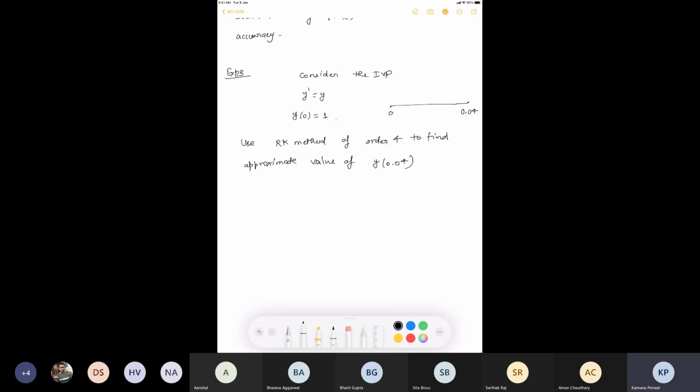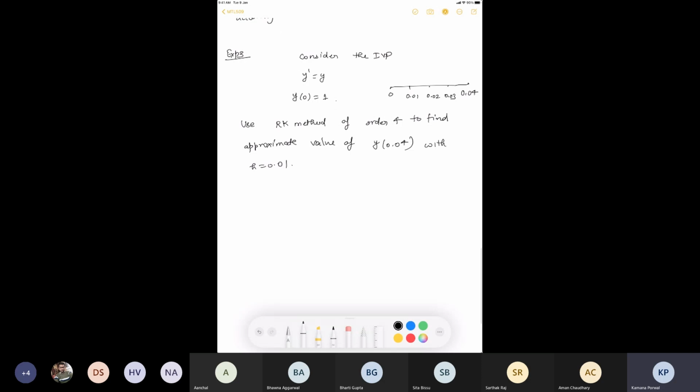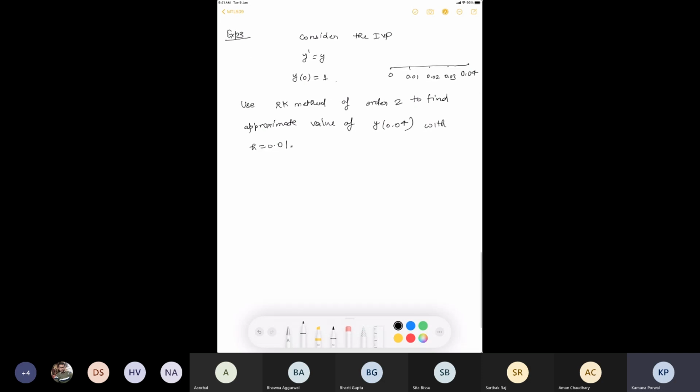with h equal to 0.01. So we have 0.01, 0.02, 0.03, and then 0.04. Okay, so let me do it for order 2 itself, and order 4 you take as an exercise, because it will require not many calculations.